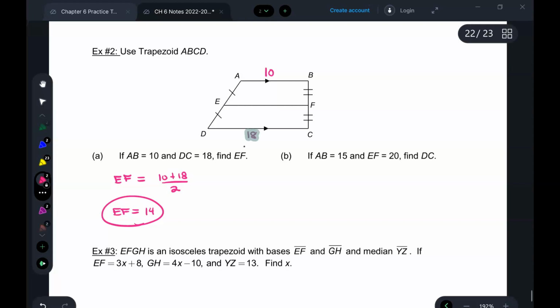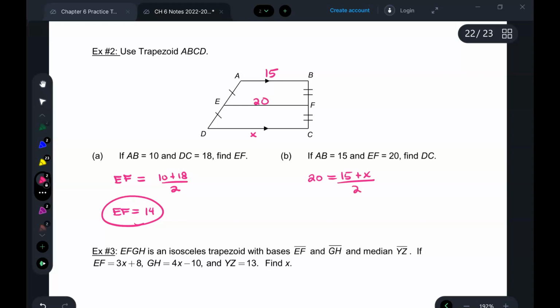And then for the second one here, if AB is 15, this time I know EF, and I've got to figure out DC. Okay, 20 is the average.